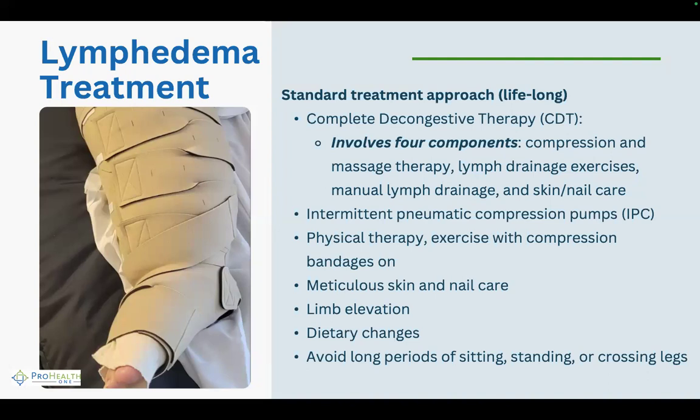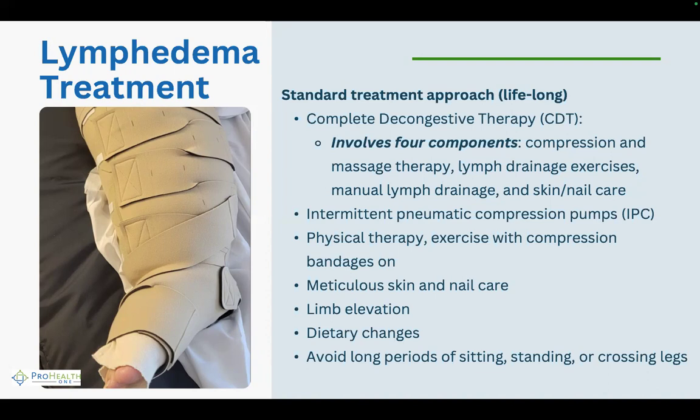So very importantly, they do compression and massage therapy with that. They do lymph drainage exercises, they do manual lymph drainage, and then they do skin care and nail care. We'll talk a little bit more about this in the next few slides, but it's very important. It's the standard. It's what those specialists do very, very well.